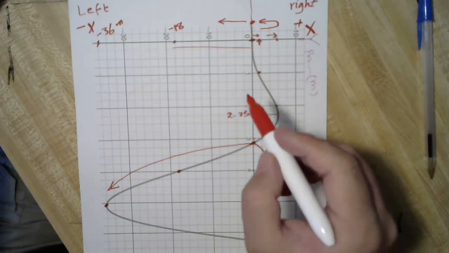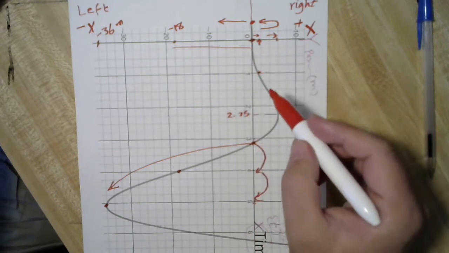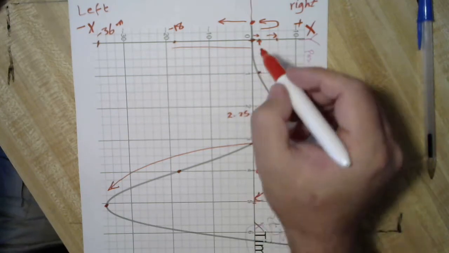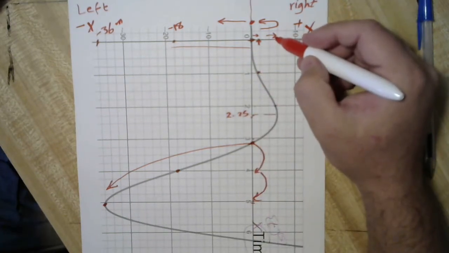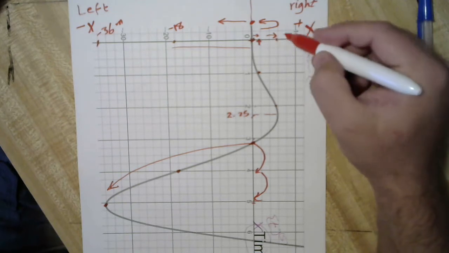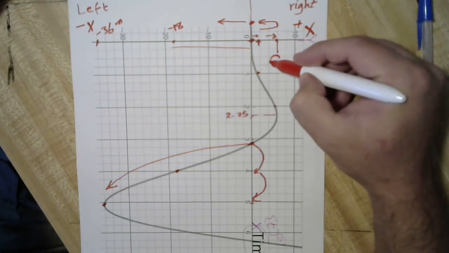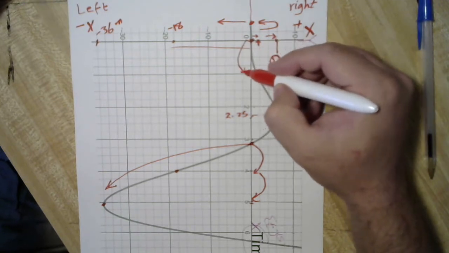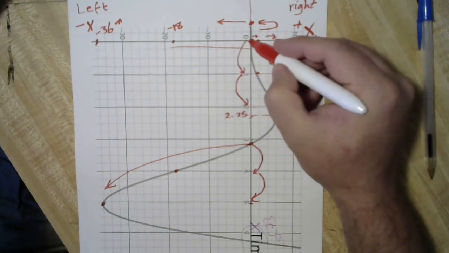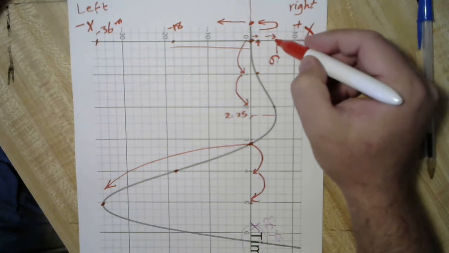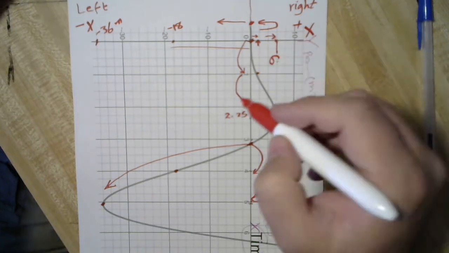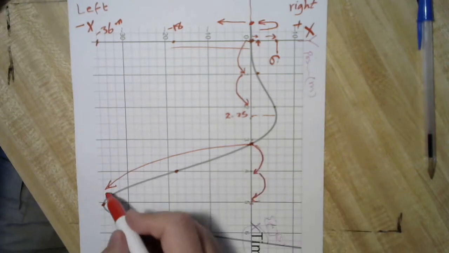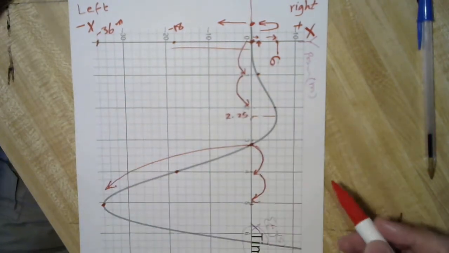But from 0 to 2, almost, it changed its position from 0 to 6 meters. So it spends 2 seconds to move to the right 6 meters, but it spends 2 seconds to move to the left 36 meters.